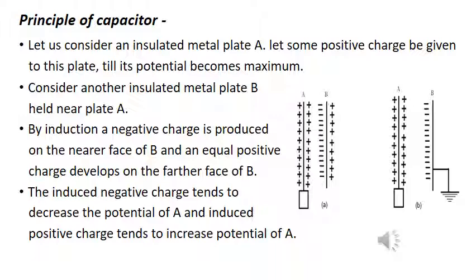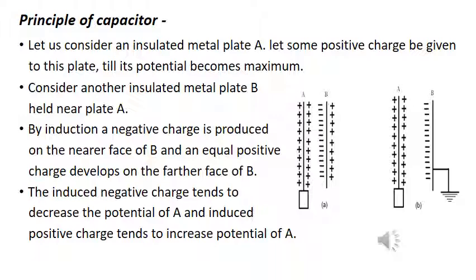First, let us consider an insulated metal plate A, and let some positive charge be given to this plate till its potential becomes maximum. Now consider another insulated metal plate B held near plate A at a desirable distance.